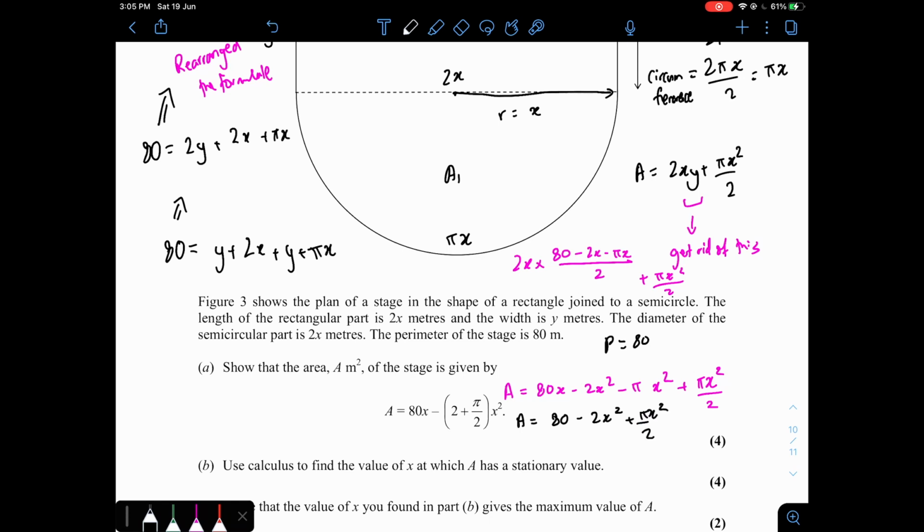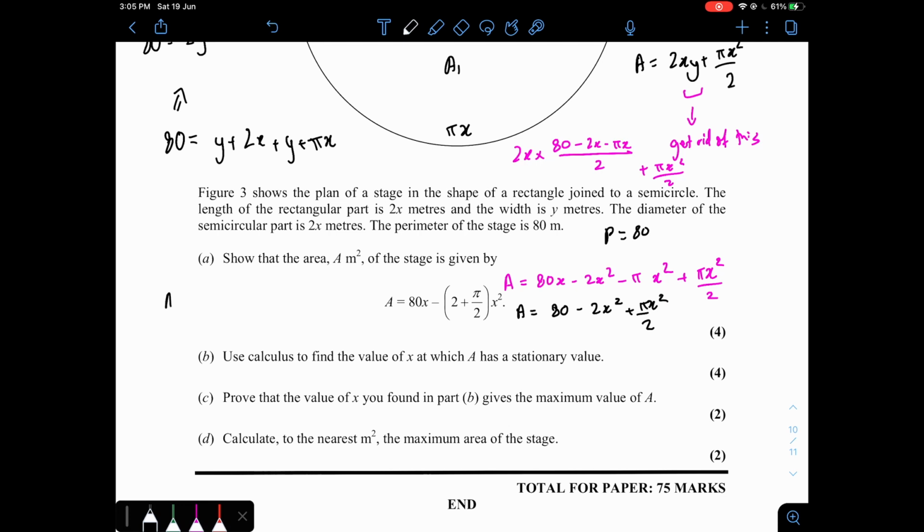You can see here they've taken x squared as a common factor, so you can write A equals ATX minus, taking out the bracket, 2 plus pi over 2 x squared. Alright, so done that. What else? Minus pi x, sorry, I made a mistake here, this is actually minus, because we have minus pi x plus pi x, so that will be minus.